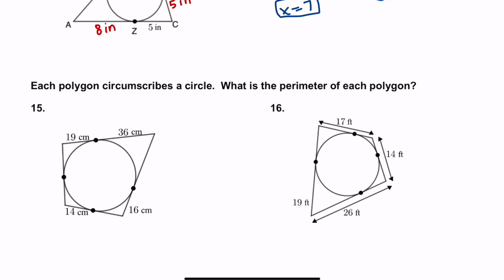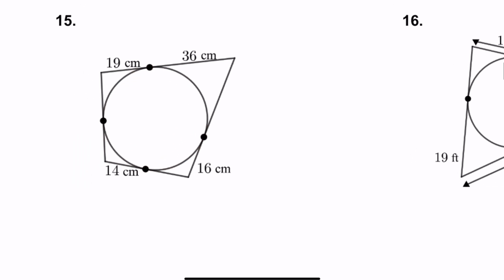Okay, each polygon circumscribes a circle, so the circle is just embedded as big as it can be on the inside of this polygon. We want to find the perimeter of the polygon. We have these points of tangency.